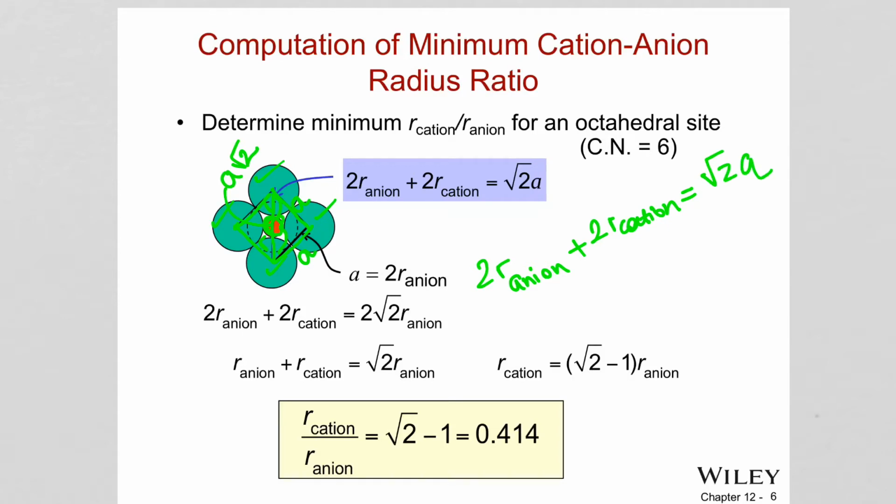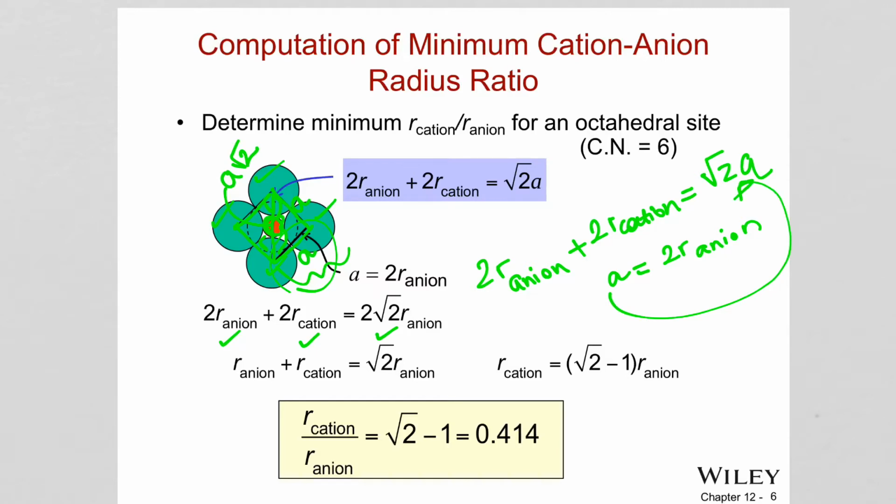And we also know a is equal to 2 r anion because of here, right? So we also know that. If you plug that information in here, this plus that is equal to that. So just plug it in here.